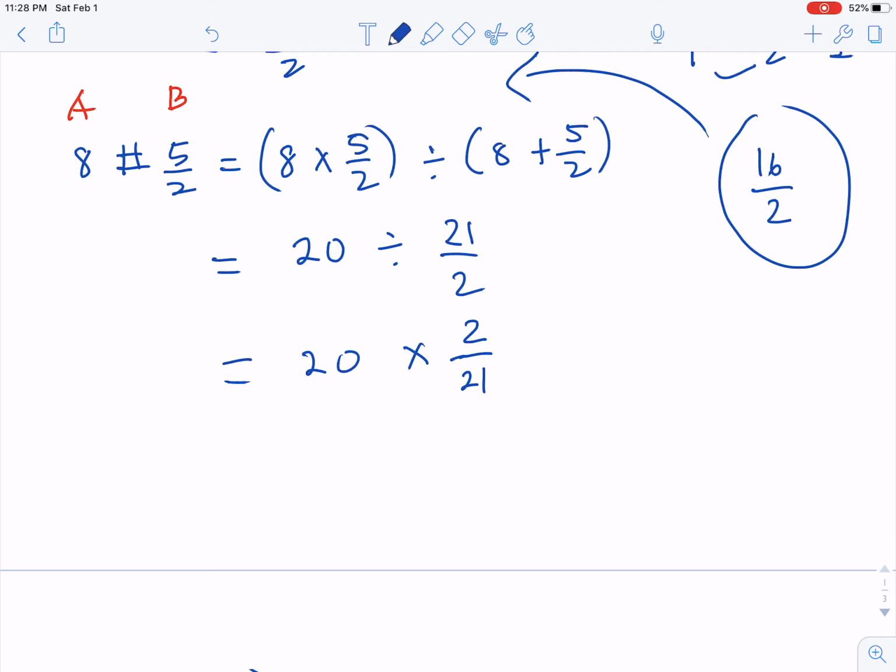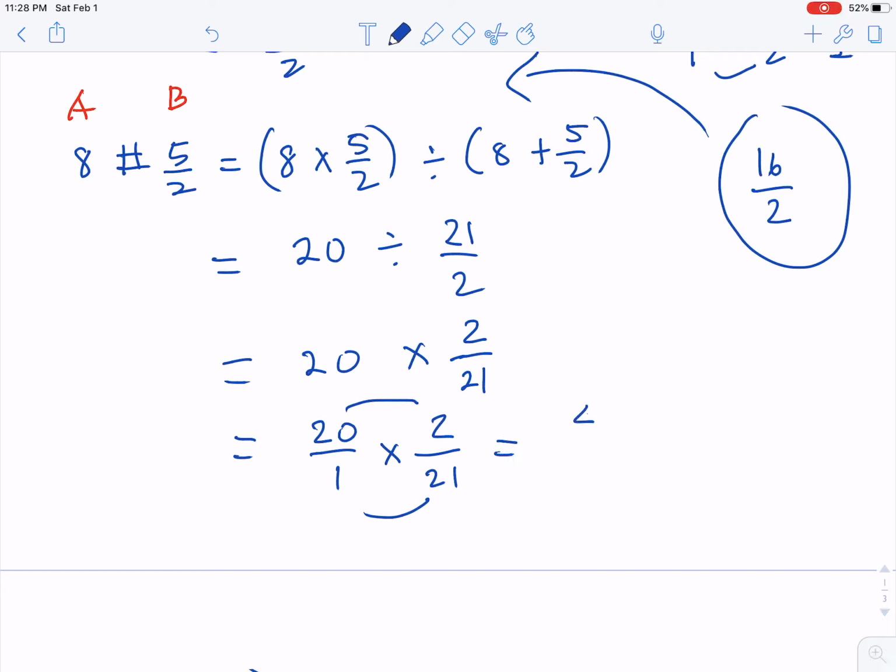So, ibig sabihin, again, pag whole number, pwede natin lagyan ng over 1 and then times 2 over 21. So, anong gagawin na natin? Multiply the numerator, multiply the denominator.